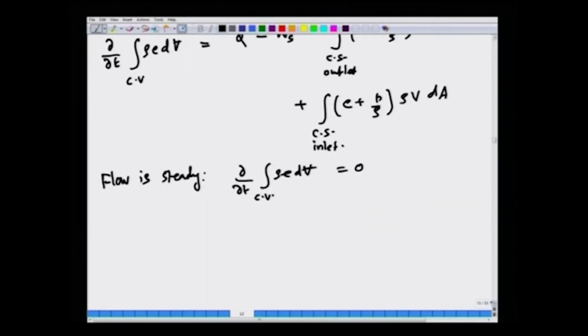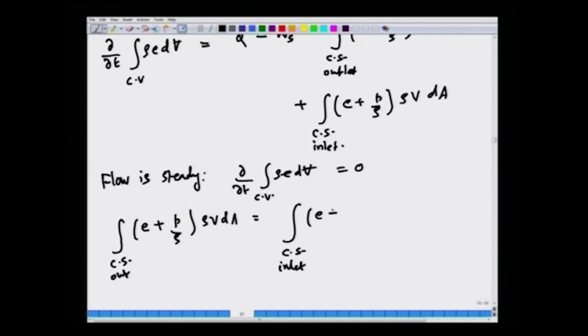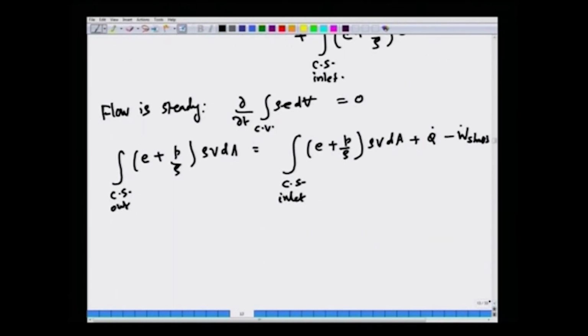So, all you will get is the integral over CS outlet of (E + P/ρ) ρ V dA is the integral over CS inlet of (E + P/ρ) ρ V dA plus Q dot minus W dot shaft. Okay.